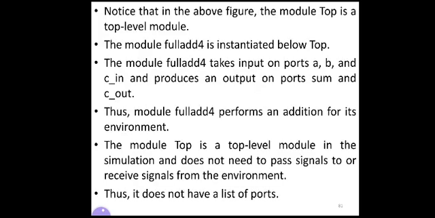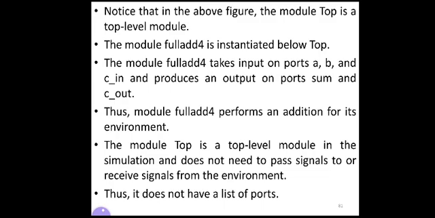Observe that in the above figure, the module top is a top level module. The module full_add4 is instantiated below top. Within top, the instantiation is done, and the module name of the instantiation is full_add4.